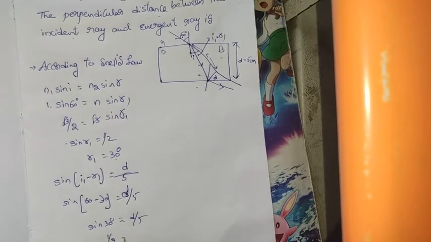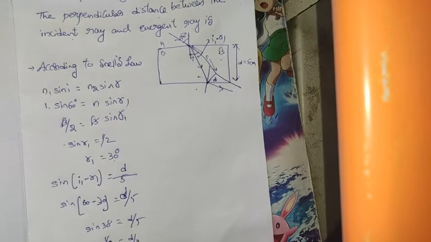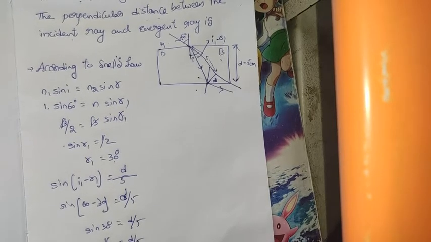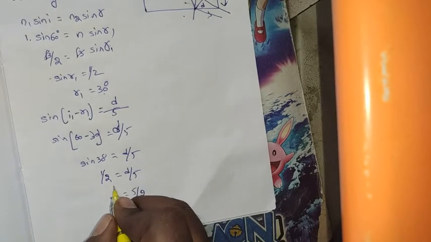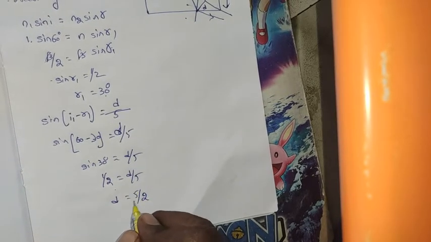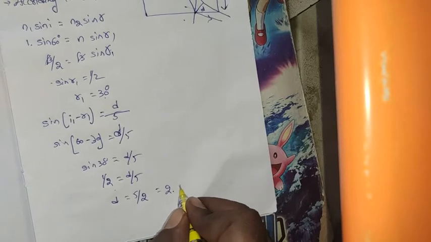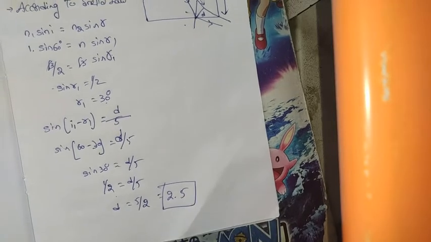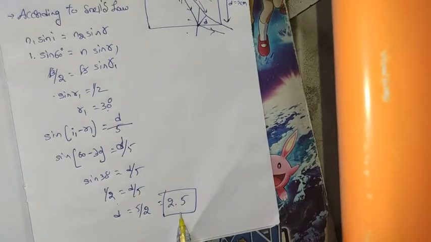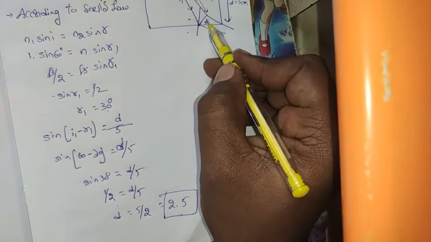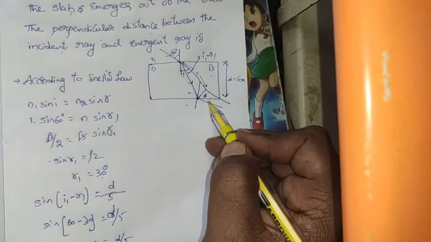Sin 30 equals 1 by 2, so D equals 5 by 2, that is 2.5. So the perpendicular distance between the incident and emergent ray is 2.5 centimeters.